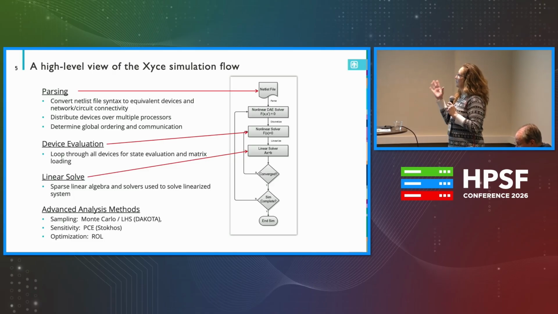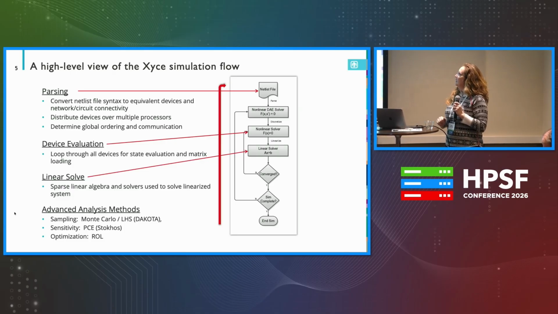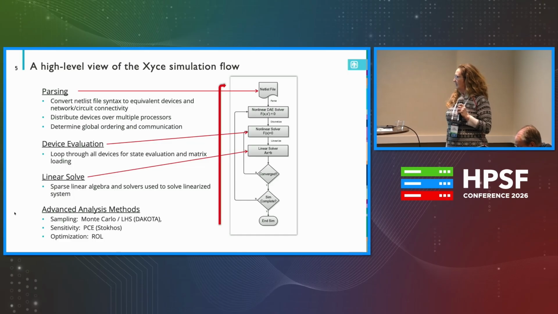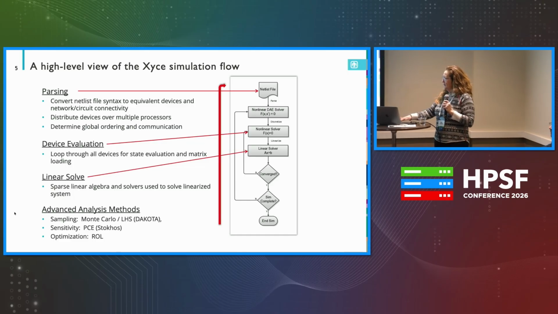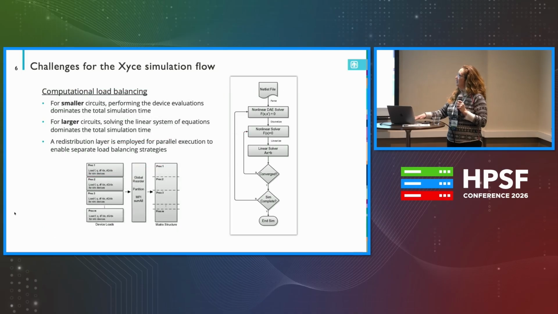And then there are advanced methods that we use within Trilinos for sampling, polynomial chaos, uncertainty quantification approaches, or optimization through ROL. Those methods will put this inside of an outer loop. So that's pretty much the structure of the simulation flow.